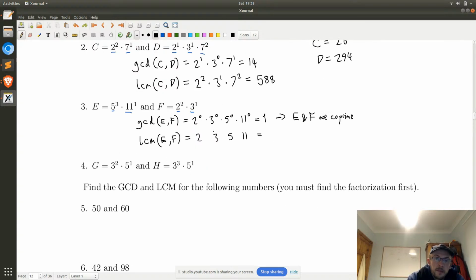Okay, so what that means is the LCM of E comma F is 2 squared times 3 to the 1 times 5 to the 3 times 11 to the 1. So what if I did want to actually compute this? What I would do is recognize that I can break it up into 2 squared times 5 squared, which is 100, with a spare 5 left over.